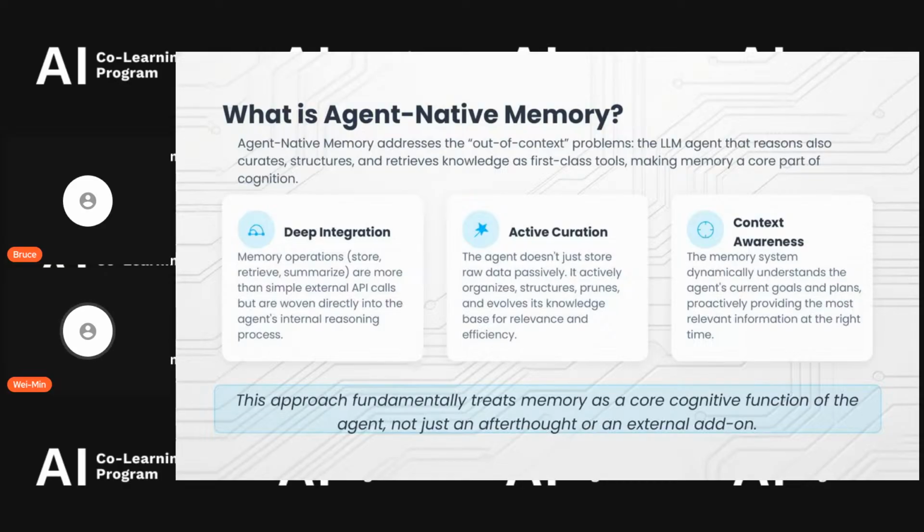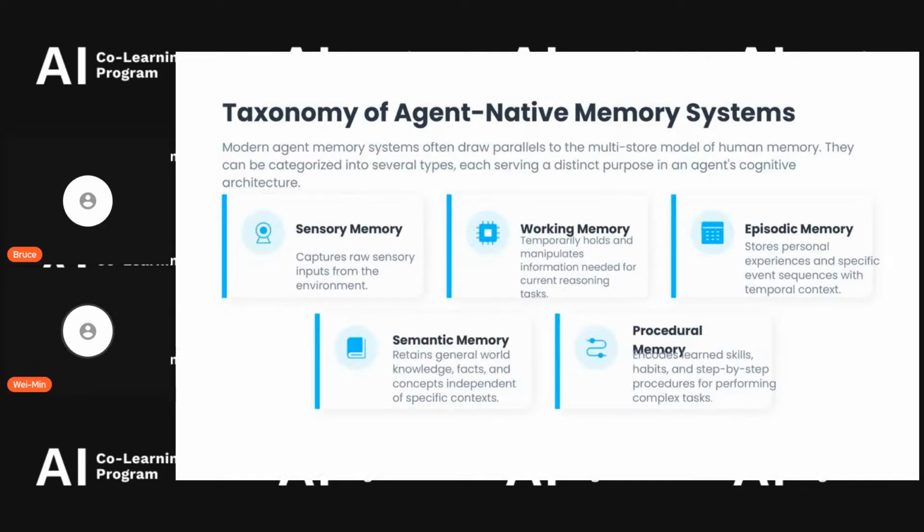And the third part is context awareness. So the memory system dynamically understands the agent's current goal and plans. This approach fundamentally treats memory as a core cognitive function of the agent, not just an afterthought or external add-on.